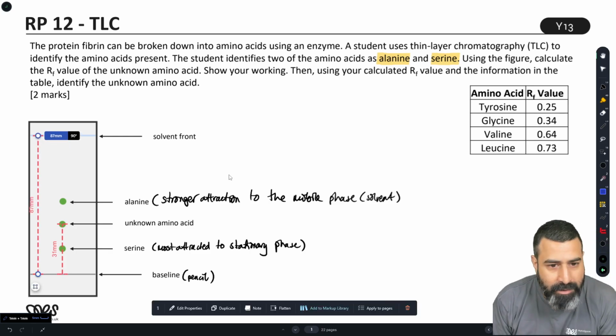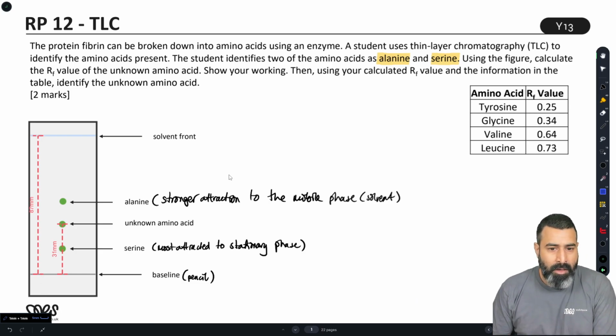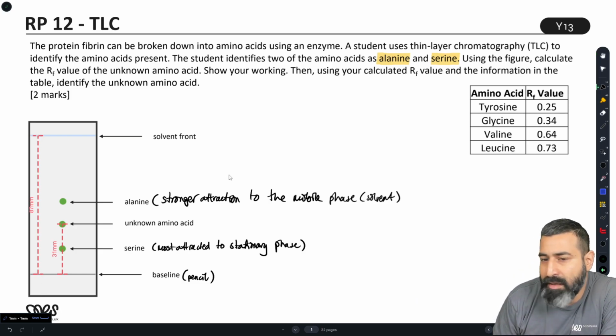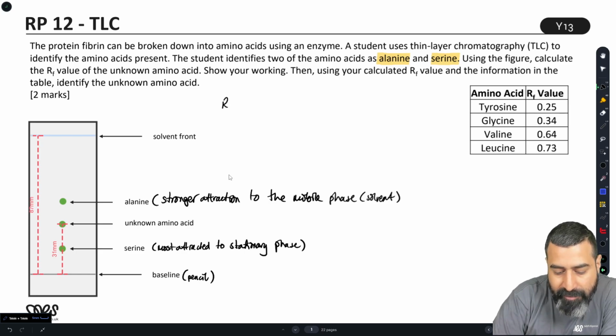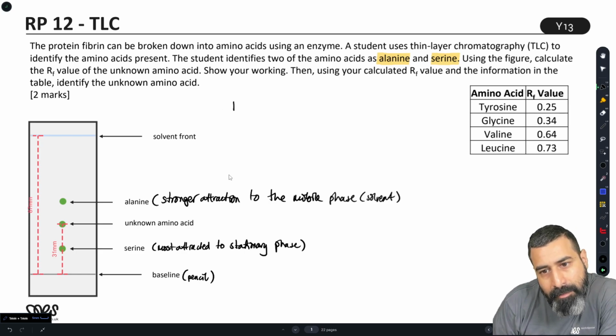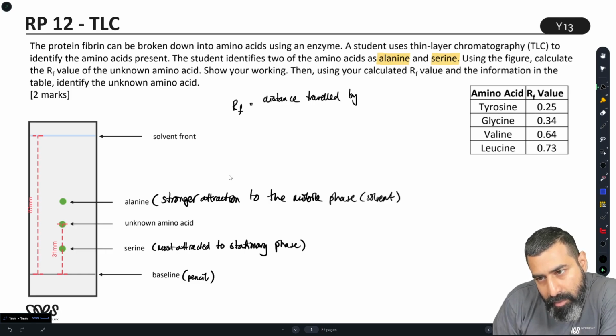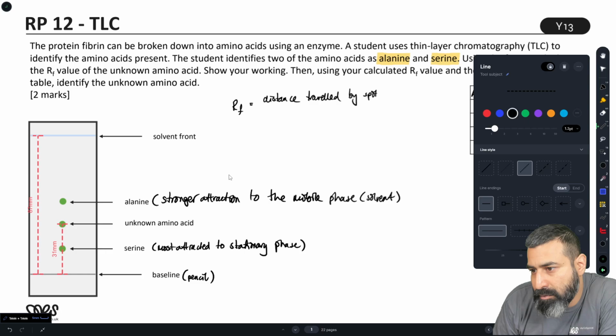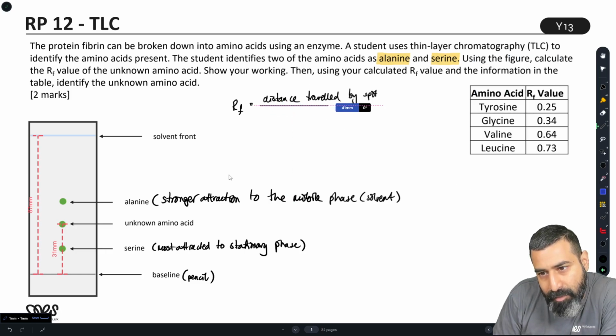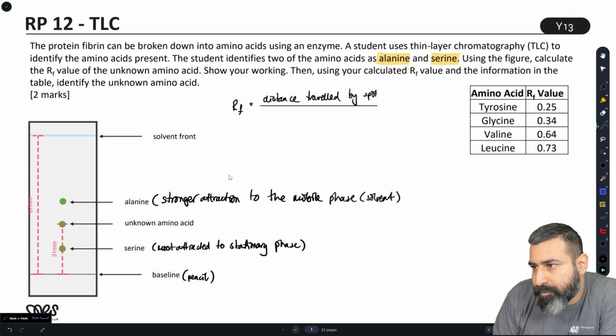Okay, so to determine the RF value, the retention factor, that's going to be the distance traveled by the spot over the distance traveled by the solvent.